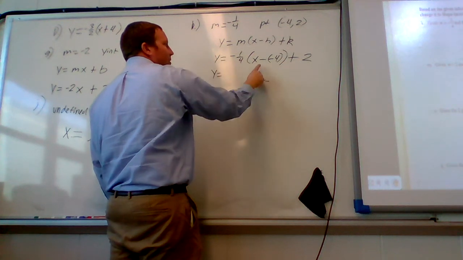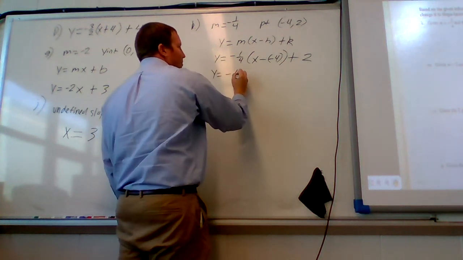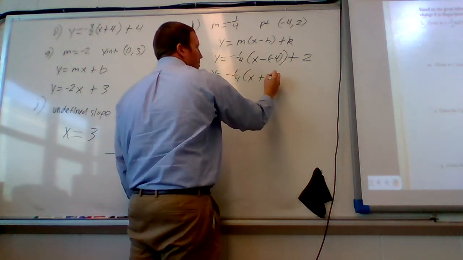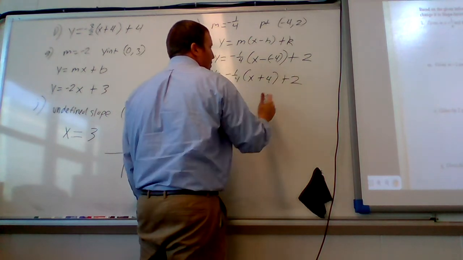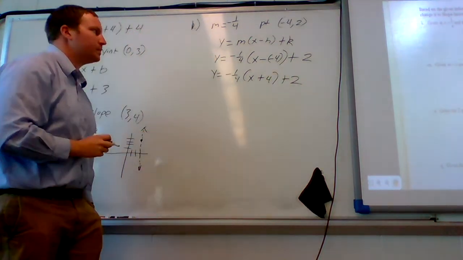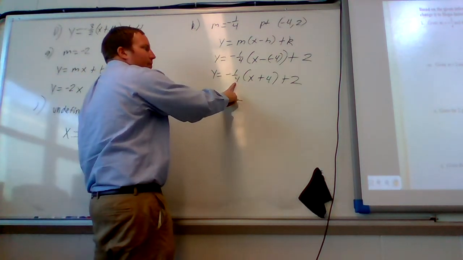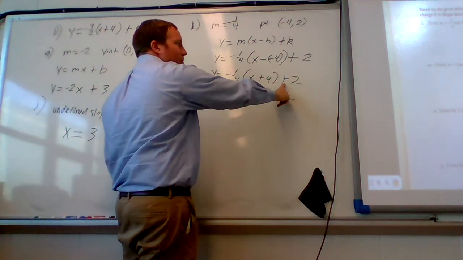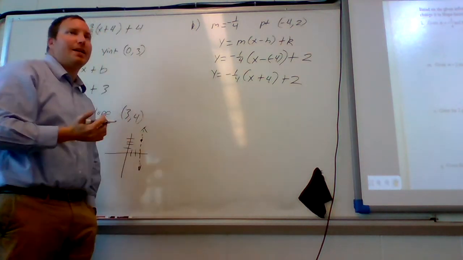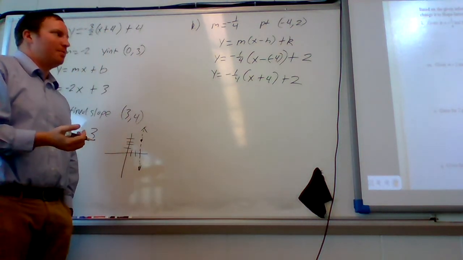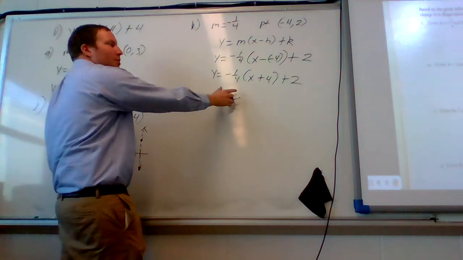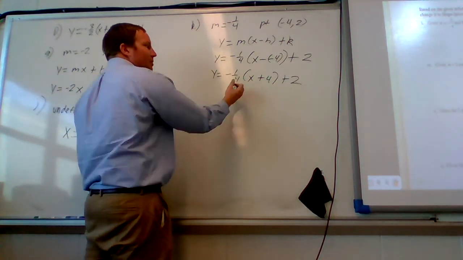We can distribute that negative. Right? So here's our point slope form. Y equals -1/4 times x plus 4, plus 2. To turn that into slope-intercept form, all we've got to do is distribute and then combine our like terms.